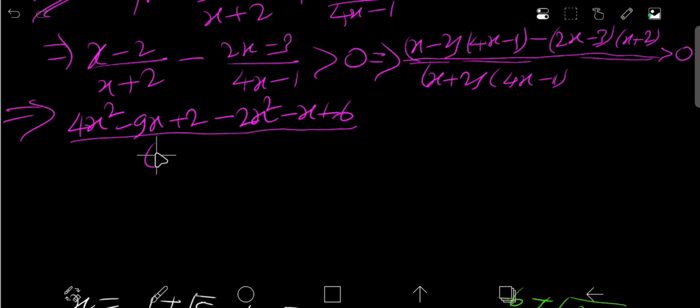Here the denominator is already in factor form, so not changing it, we write it as usual (x plus 2) and (4x minus 1), greater than 0.